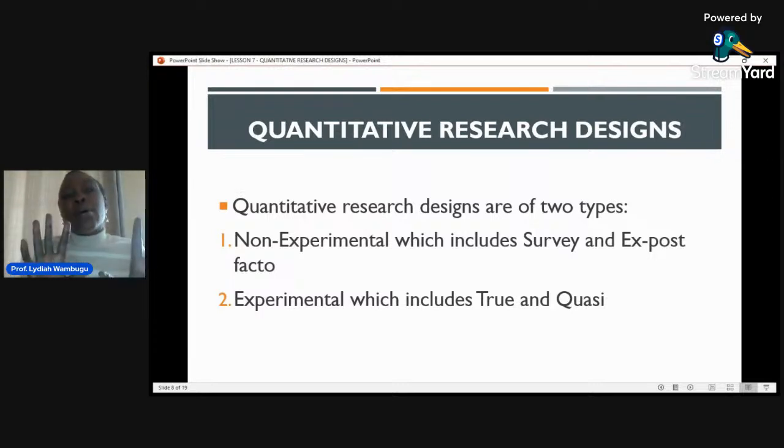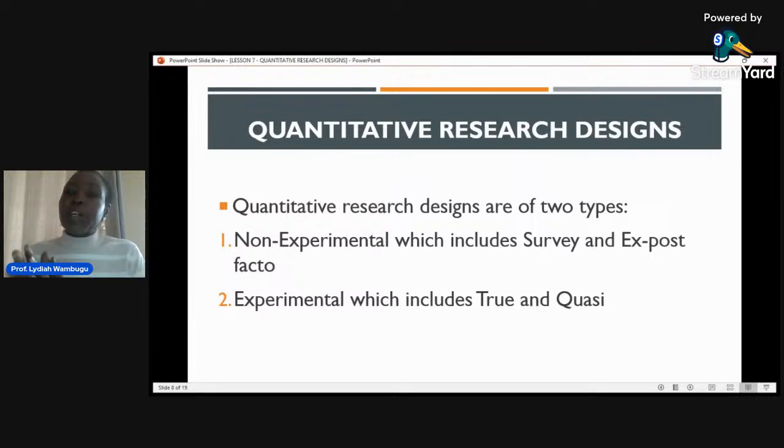So if your problem needs to be answered by quantitative research, then you draw your designs from these. So there is survey, and ex post facto. Those are non-experimental. And then there is the experimental, which can either be true or quasi. And we will be discussing first the non-experimental designs.